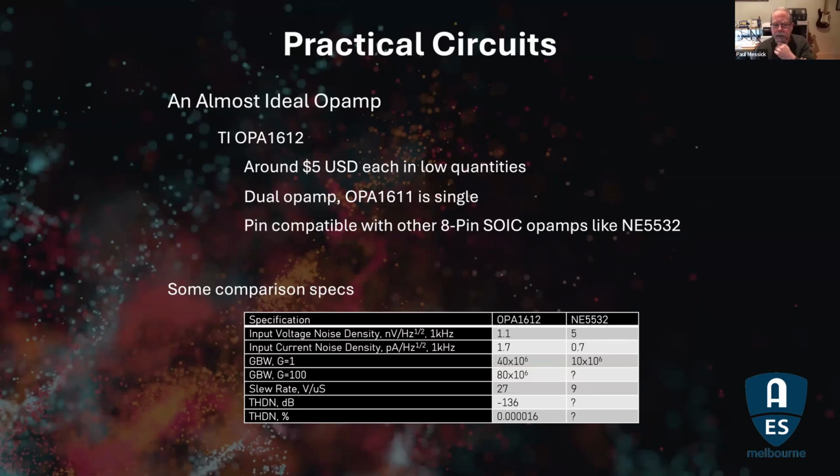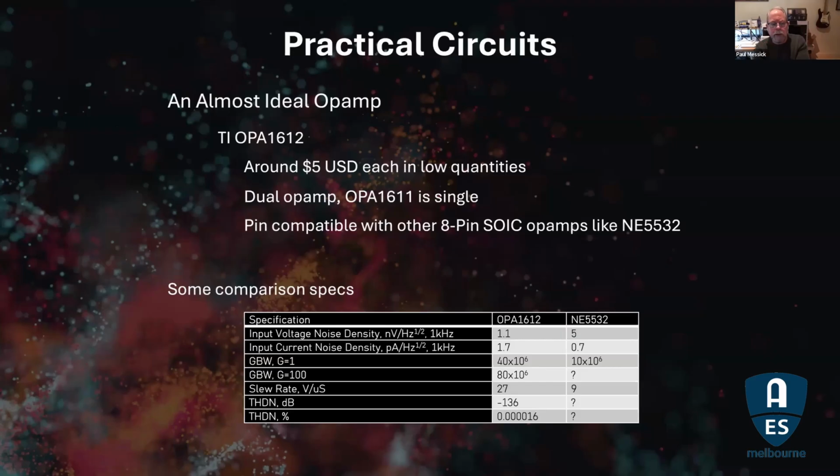Another interesting spec is gain bandwidth, which is the gain of the op amp multiplied by how wide a bandwidth it can amplify. So with a gain of 1, the 1612 is 40 megahertz, and the 5532 is 10, which is not bad.